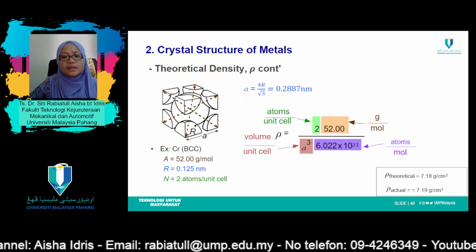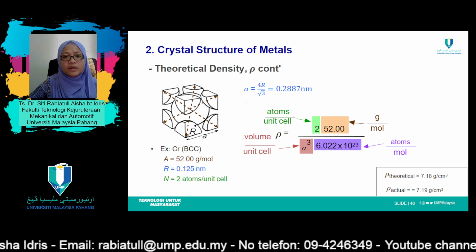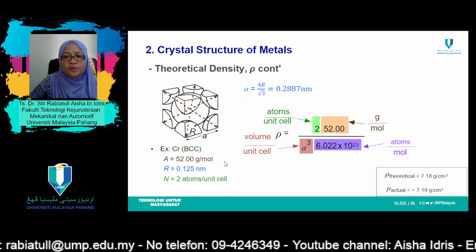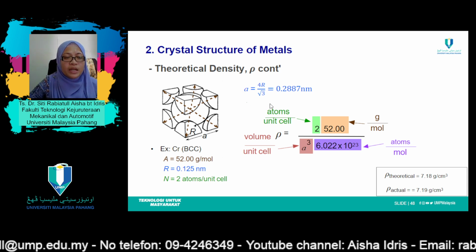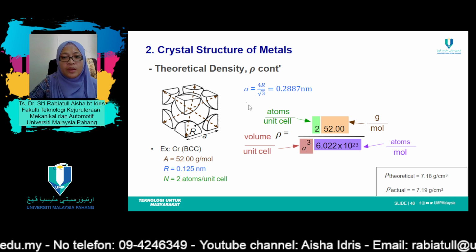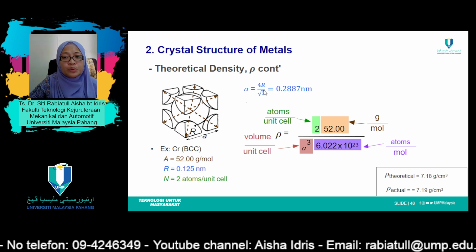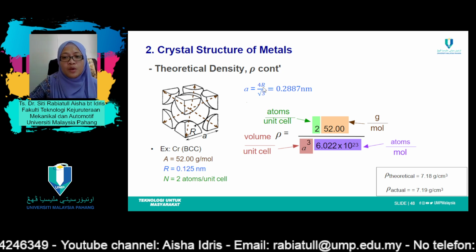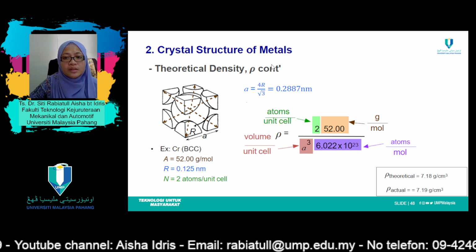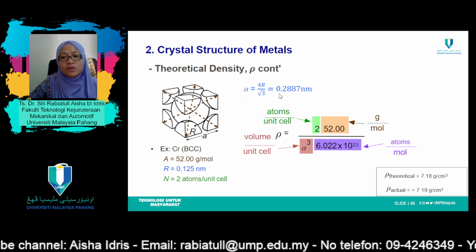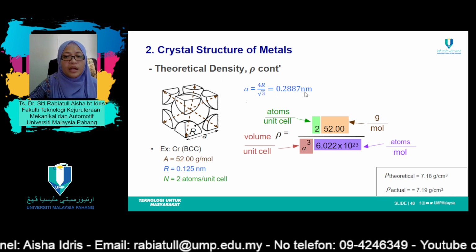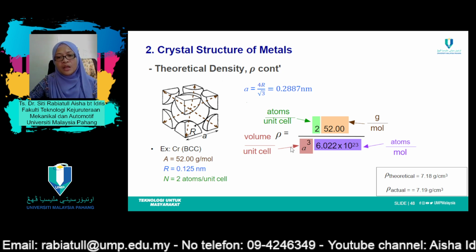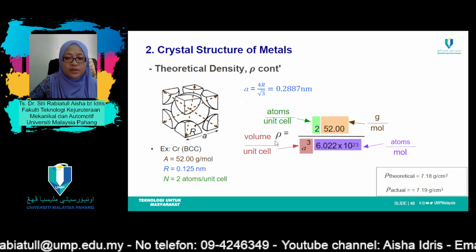Okay, so now let's calculate the value of theoretical density for BCC. This one we get from our previous calculation, the relation between a and the radius. Before this we used the value of the radius, but in this case you just need to interpolate a little bit to get the value of a, which equals 0.2887 nm. The R value is given to you, so you can just substitute into the formula.